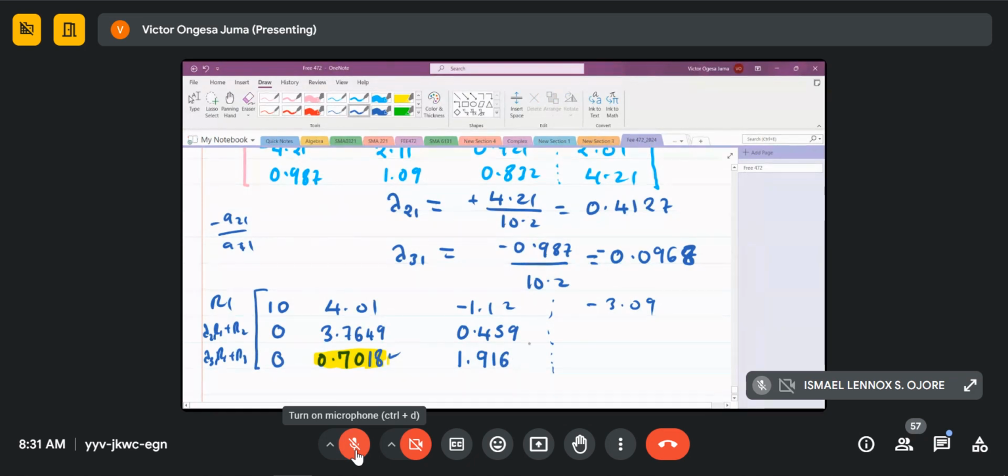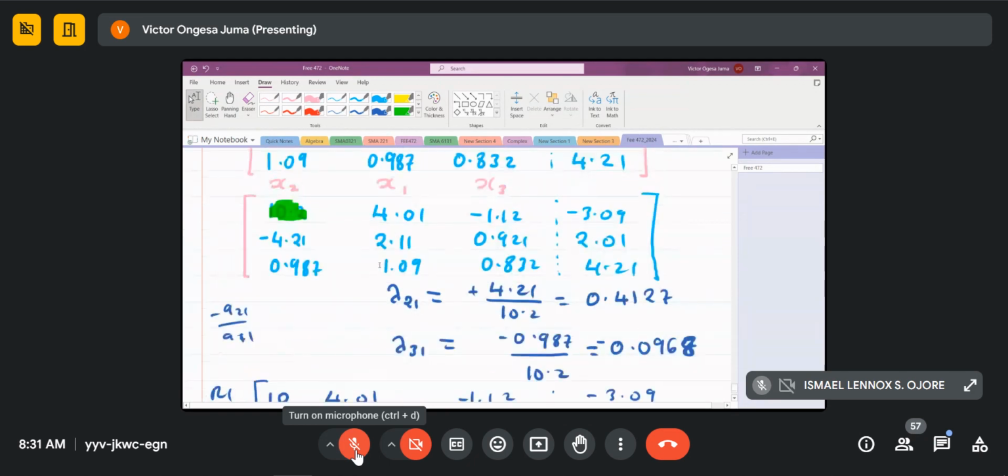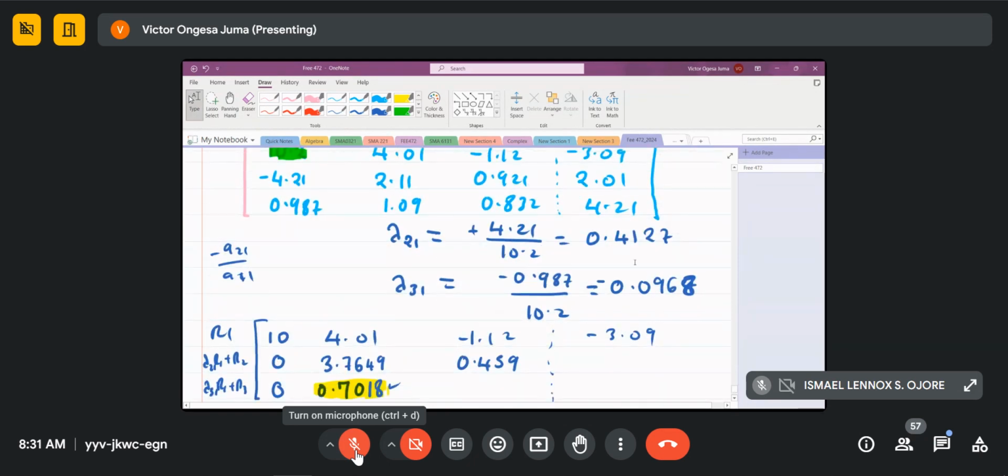Oh, I also made a mistake. You didn't take the negative 1.12, you took it as a positive. This negative and negative, when you multiply, becomes positive, but at the other one you subtract. Why do you subtract and you are adding to 0.832?